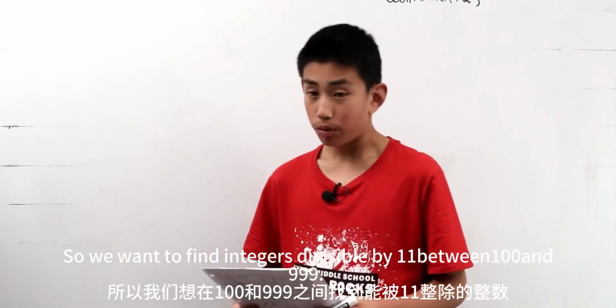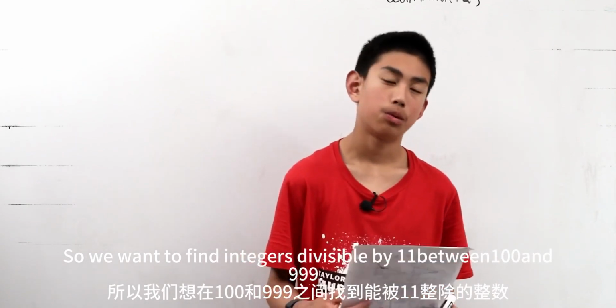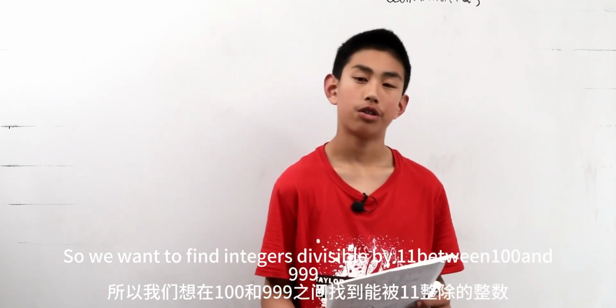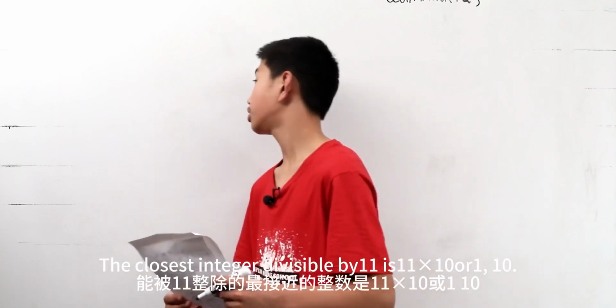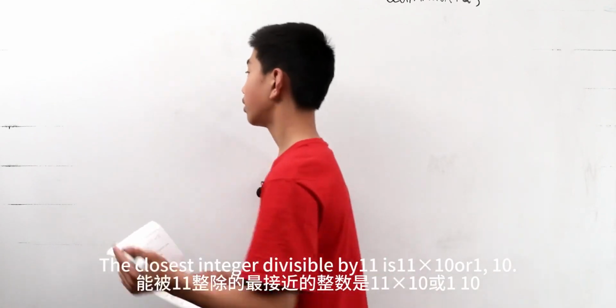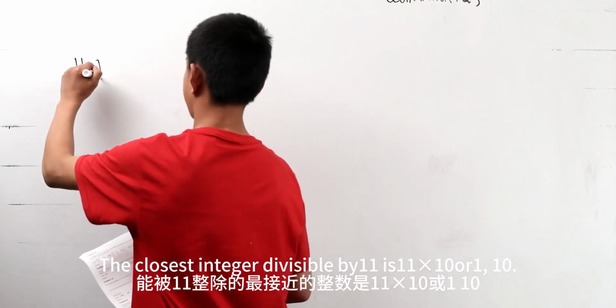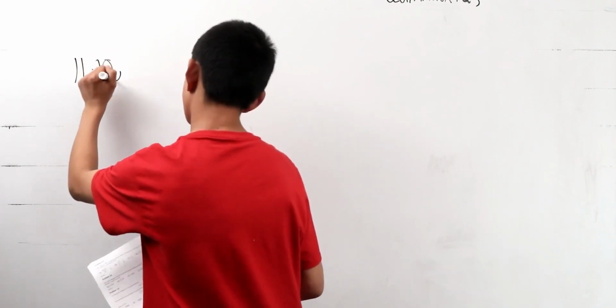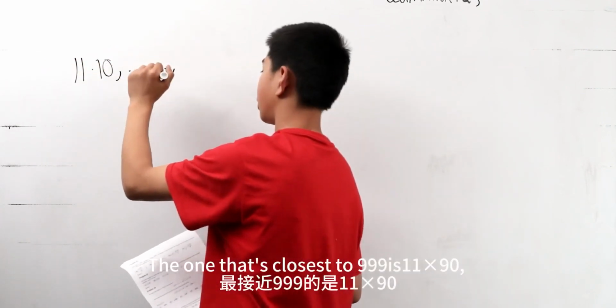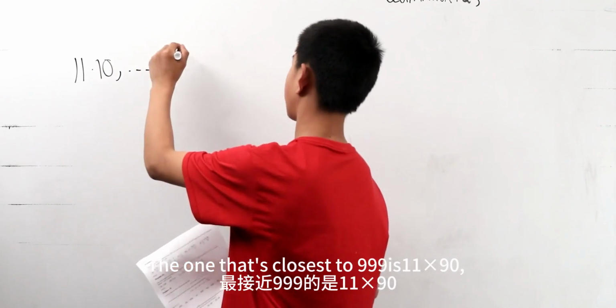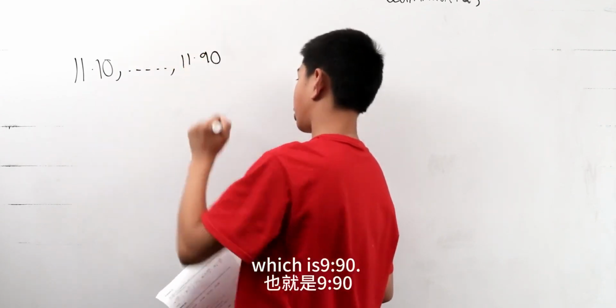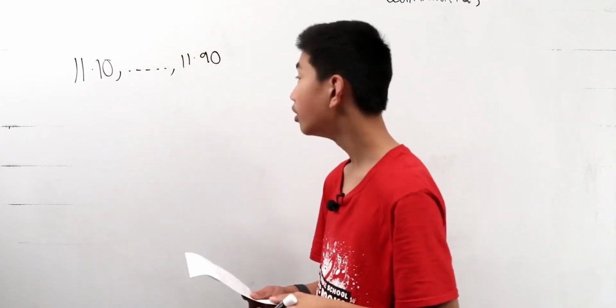So, we want to find integers divisible by 11 between 100 and 999. The closest integer divisible by 11 is 11 times 10, or 110. And the one that's closest to 999 is 11 times 90, which is 990.